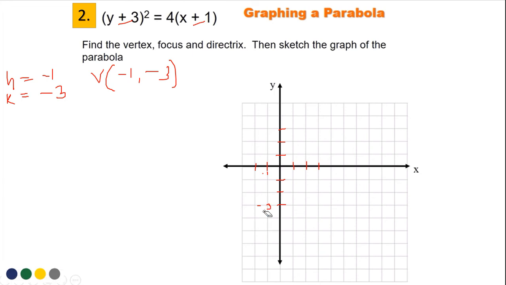Di ko na lang isulat yung negative 3 dito para hindi nakakalito. So mag-meet sila sa part na to. Gets po? This is our vertex. Gets po ba? Yes, sir. So, yan yung vertex natin.